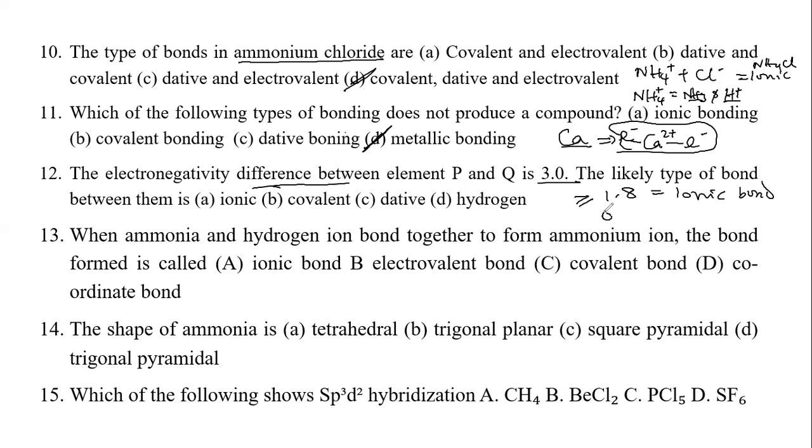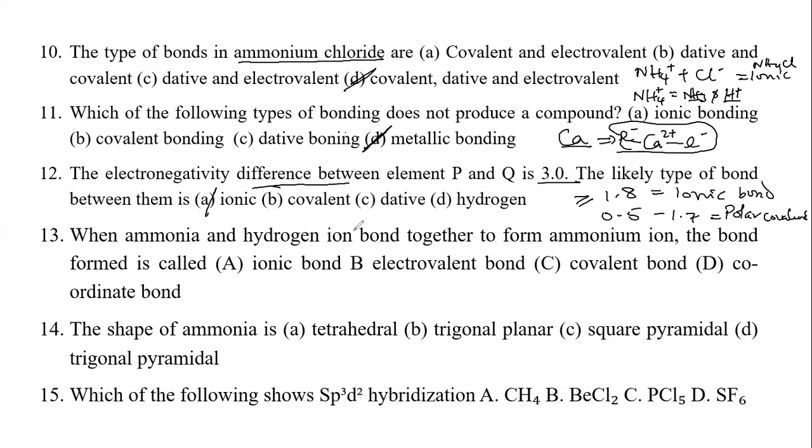When it is between 0.5 to 1.7, that is going to be a polar covalent bond. But when it is less than 0.5, that's going to be a pure covalent bond. So for our question, because this is greater than 1.8, it is going to be an ionic bond.